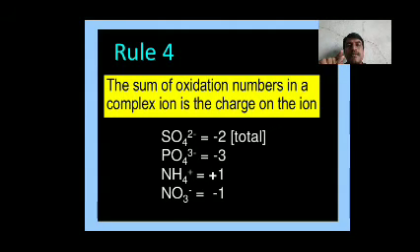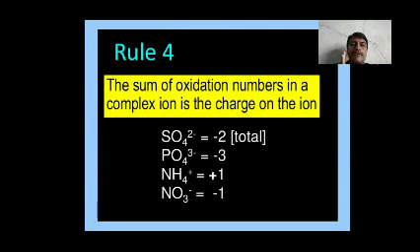In this ion there is 1 sulfur atom and 4 oxygen atoms, charge minus 2. Therefore, S plus 4 oxygens is equal to minus 2. PO4 3 minus: 1 phosphorus plus 4 oxygens is equal to minus 3.